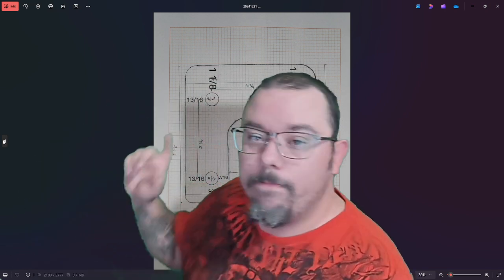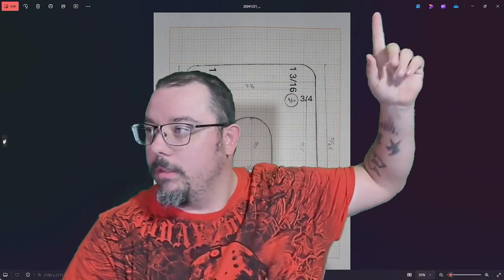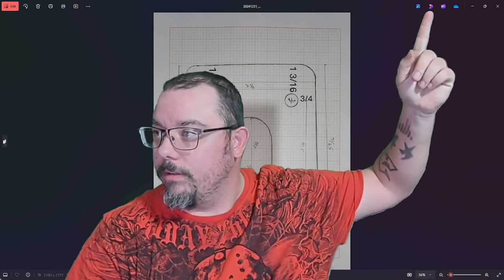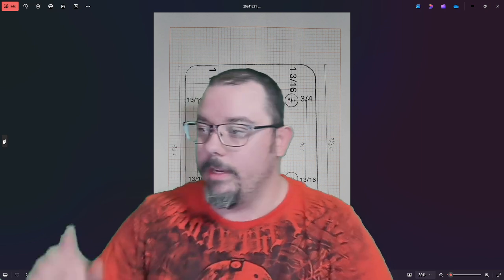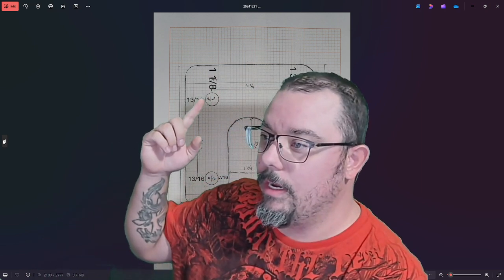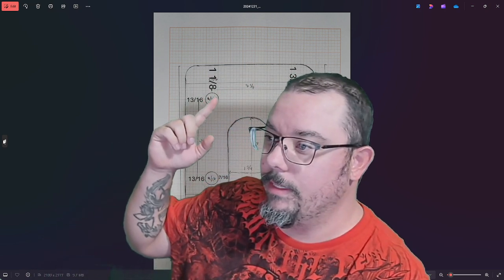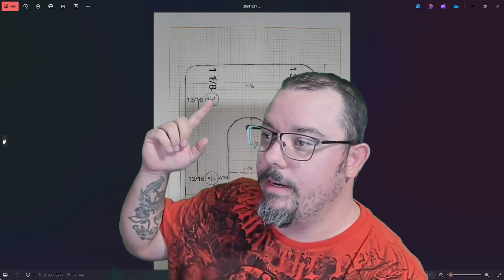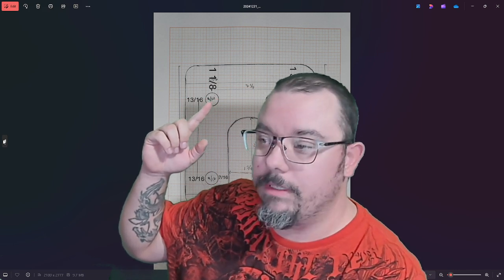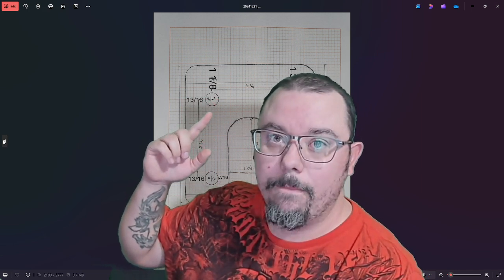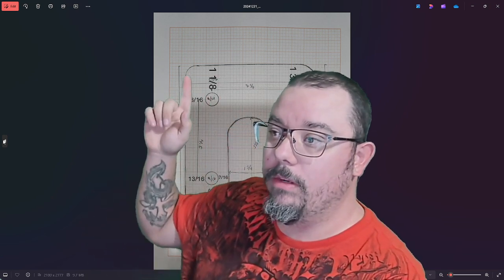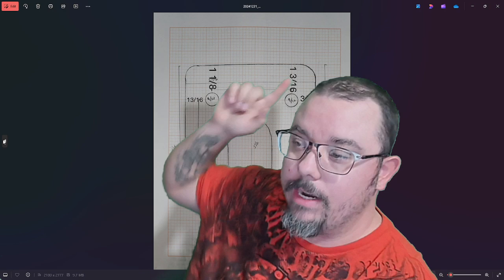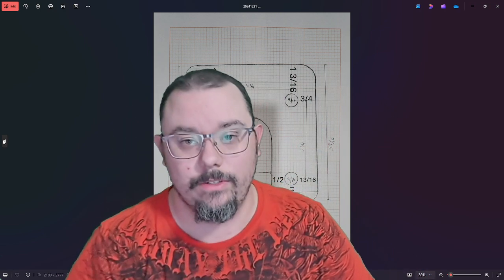Hell, this little emblem here, if I open this up and I set a line on this side and this side, and then type in the measurement 9/16, my computer will then tell me the distance from side to side of all the other lines.